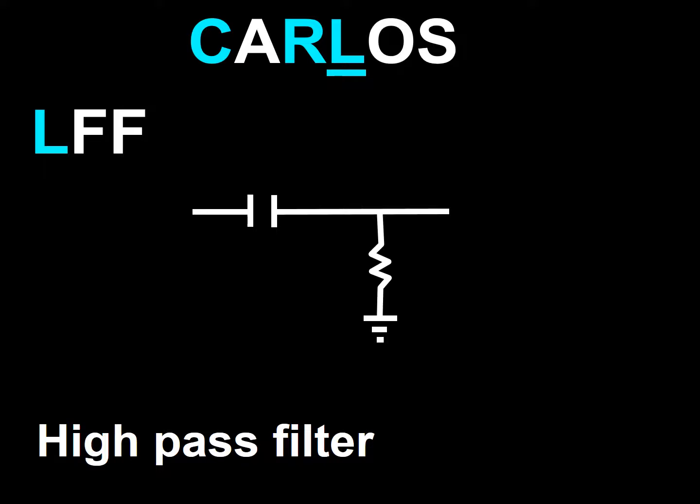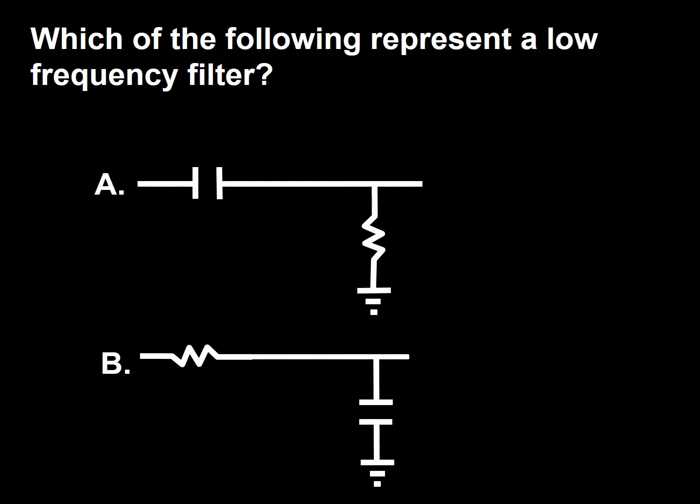I hope you recall that you should use his first name to remind you of the order of the elements required to build a low frequency filter, which are also referred to as high pass filters. That is, a capacitor before a resistor makes a low frequency filter. So the answer to this question is A.